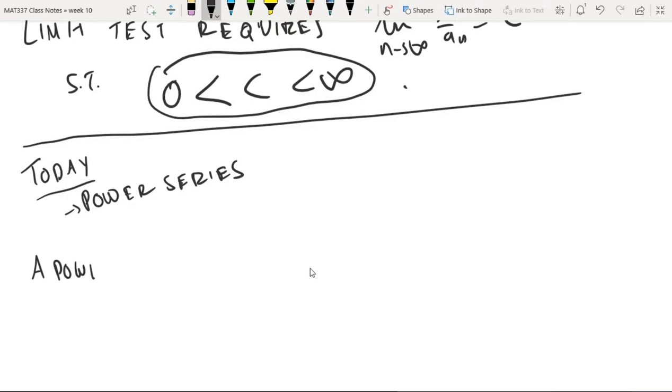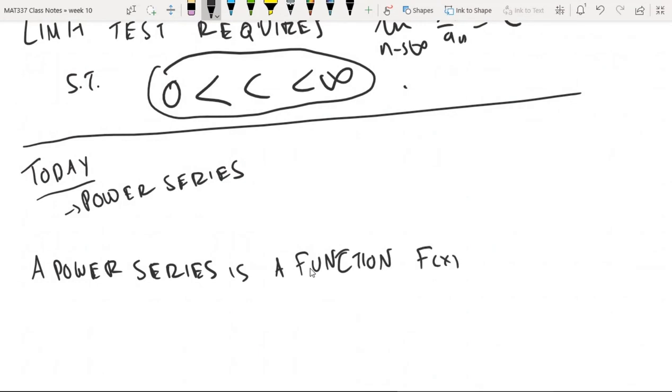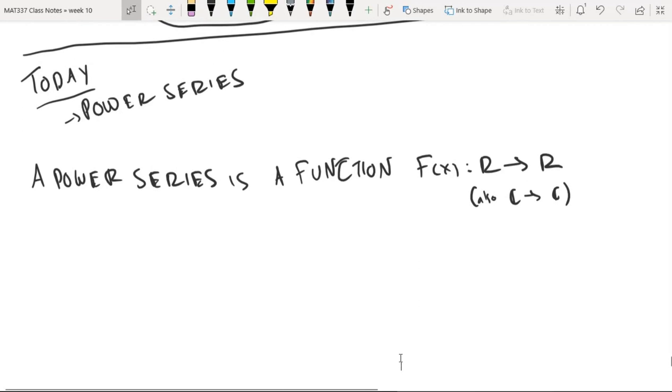The power series is a function from R to R. But if you take other courses, you can also take this to be complex.